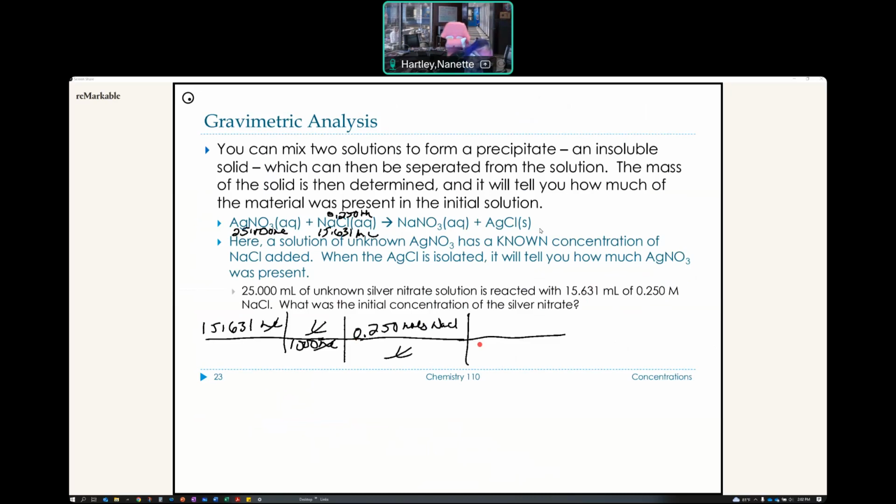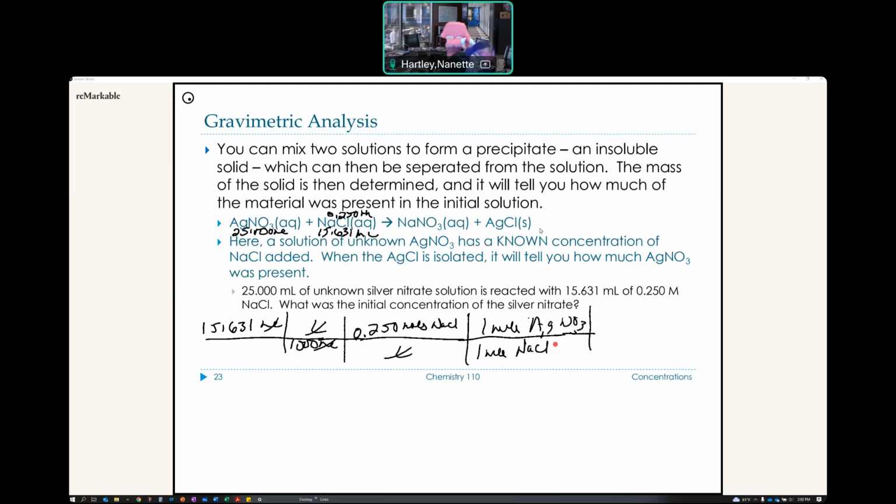I know that 1 mole of NaCl reacts with 1 mole of AgNO3. No, sorry. I actually want to look at how much product, because I need to relate it to how much, well, no, because I'm now measuring the bottom. Got 1 mole of AgNO3.